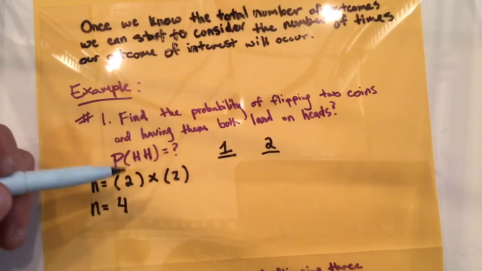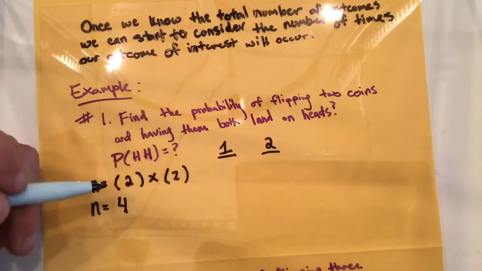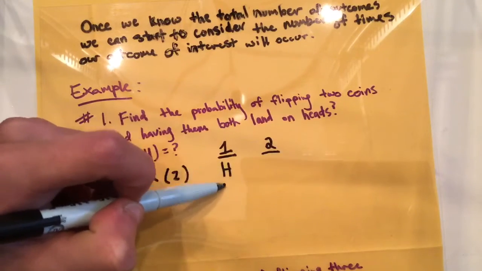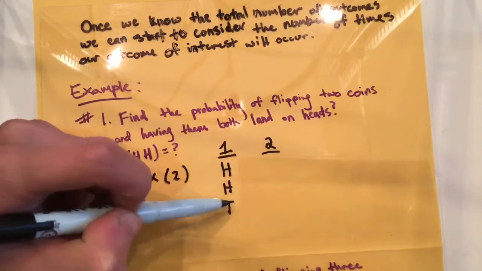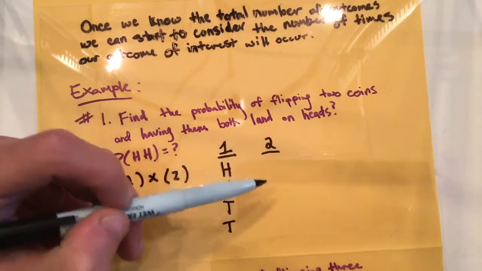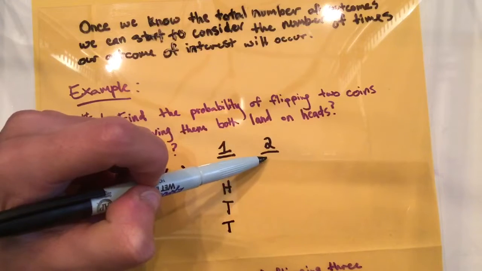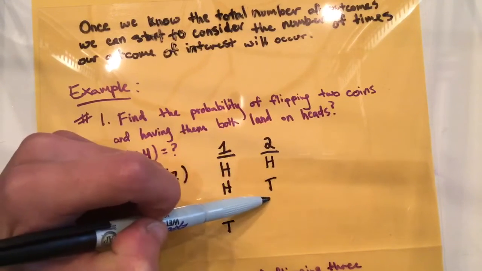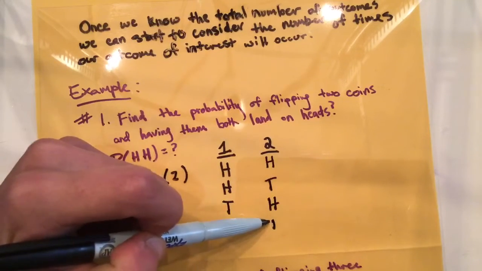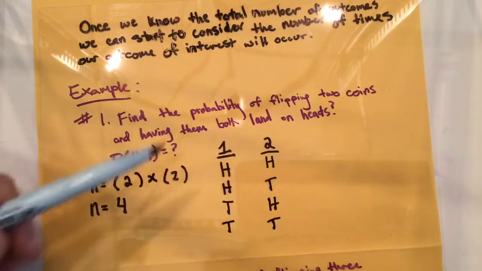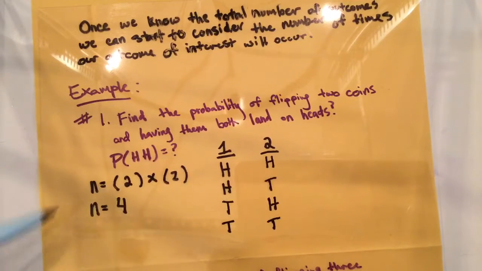I'm going to split the rows up evenly between heads and tails. For the first flip, I'm going to do heads, heads, tails, tails. For flip 2, same thing, but a different pattern: heads, tails, heads, tails. That is all our possible outcomes. If we look at it, we got 1, 2, 3, 4, just like we should.